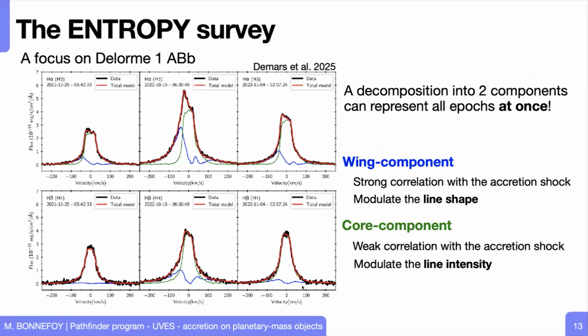This component is possibly caused by chromospheric activity that you would expect to be relatively strong on this kind of young object. And the blue component, this broader component, the wing component, is much more typical of magnetospheric accretion. This one is modulating the shape of the profile, while the core component, the narrow component, is modulating the intensity.